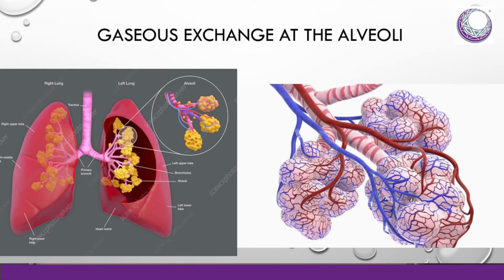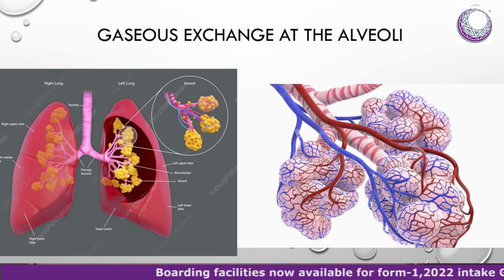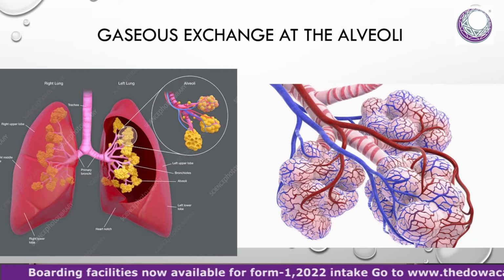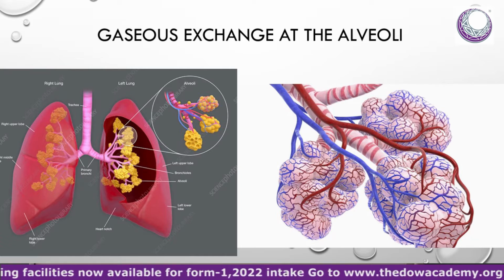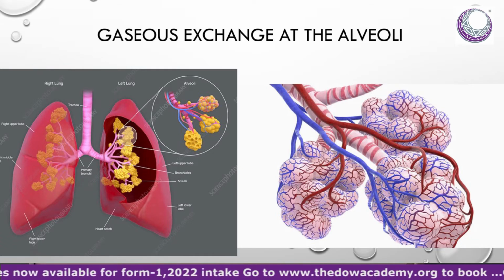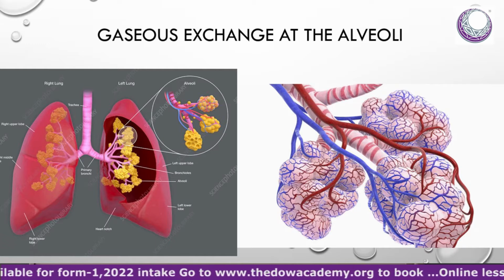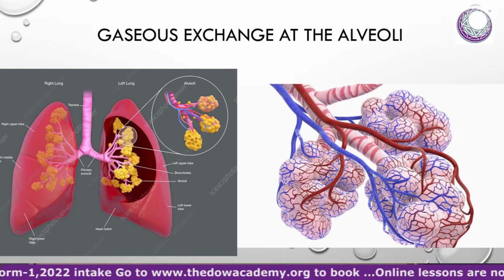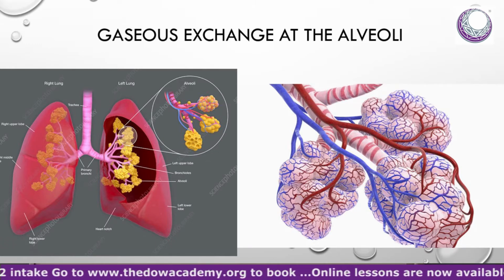So now we are heading much more into gaseous exchange. Gaseous exchange, as we have mentioned, takes place at the alveoli. The alveoli, as we have explained, are also called air sacs. This is where gaseous exchange takes place. Now, in the diagram, as you can see, there is a lung on the left side and the other lung on the right side.